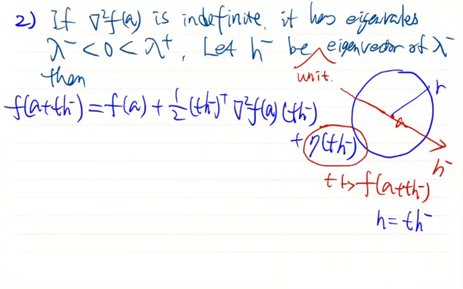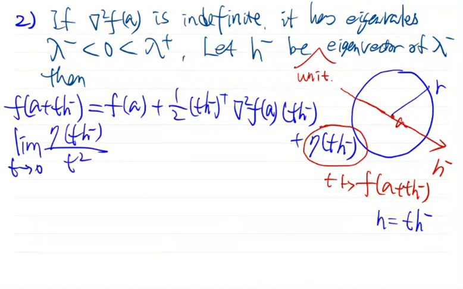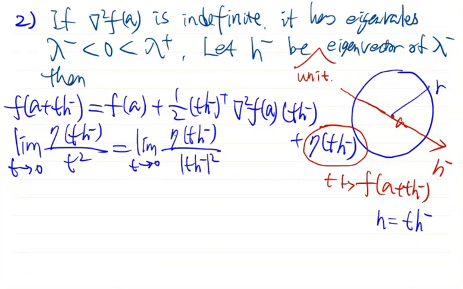For the last term, we have the limit as t goes to 0 of eta(t h minus) over t square. But because h minus is a unit vector, this is nothing but eta(t h minus) over the norm of t h minus square.